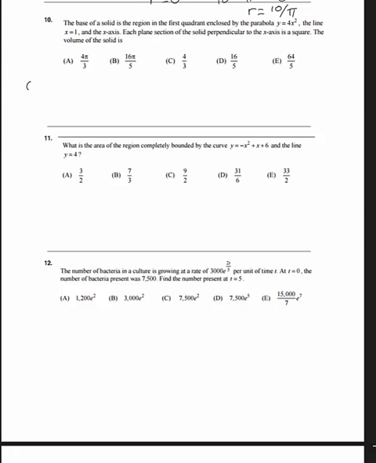So this is our cross section, and so we know that the formula is volume is equal to the integral of area, and in this case our area is a square, so area of a square is just side squared. Now we have the base bounded by 4x squared, x equals 1, and the x-axis.